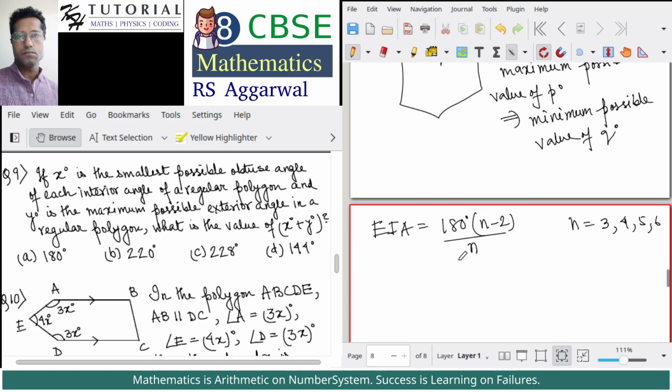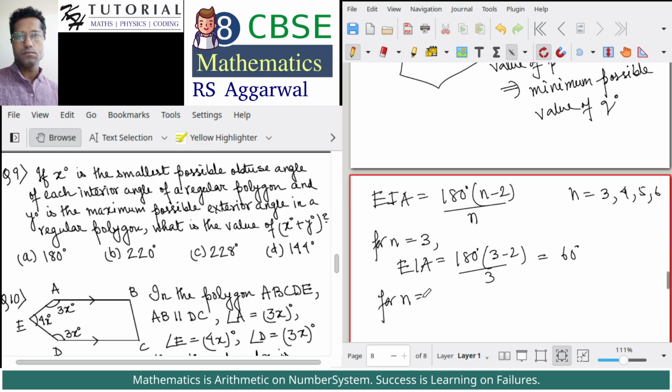So what value can n have so that this whole angle will be minimum? Let's see, for n equals 3, each interior angle is equal to 180 degree times (3 minus 2) by 3, which is 60 degree.